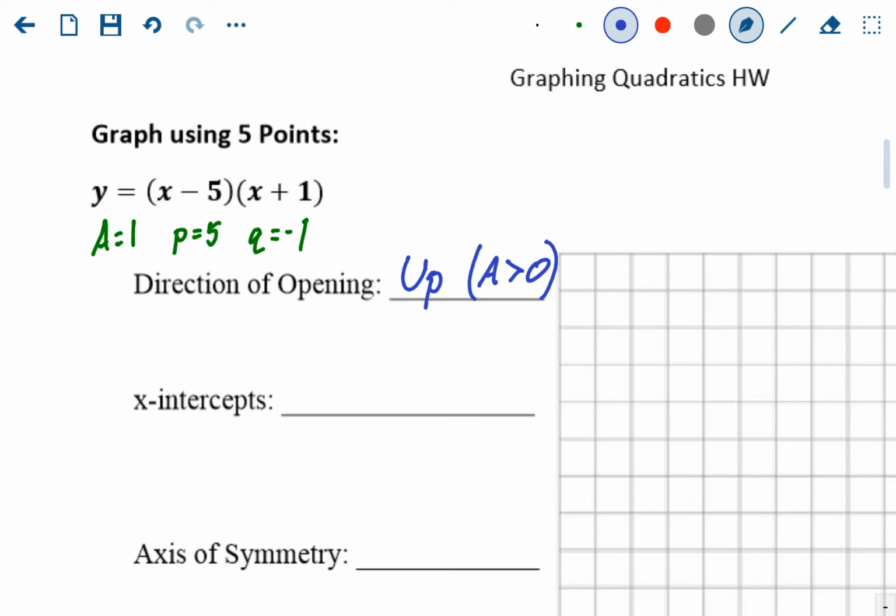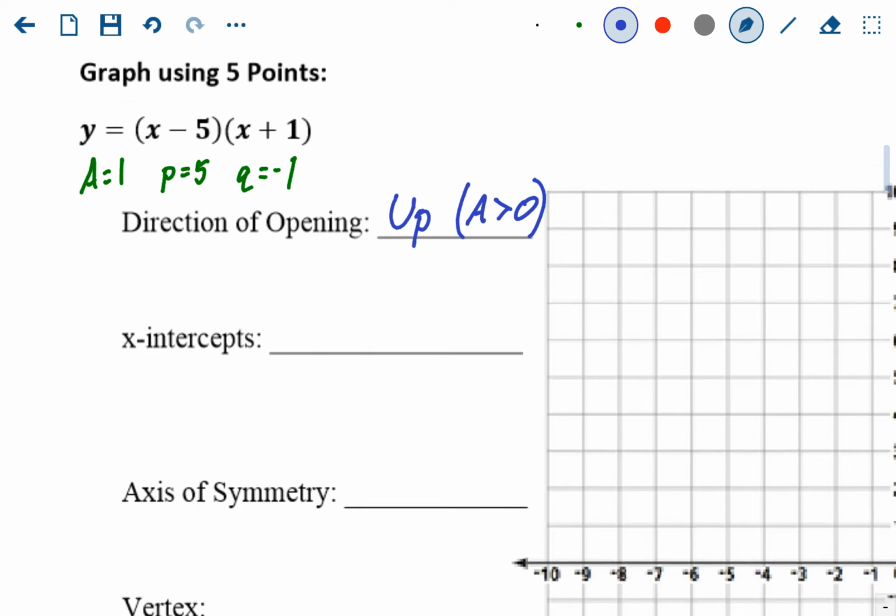Alright, the x-intercepts. The x-intercepts are unique to factored form. They're not easy to find in standard form, but they are much easier in factored form. So the x-intercepts, remember, are always just P and Q. So in this case, we have x-intercepts at 5 and -1. It's always the opposite of those binomial factors.